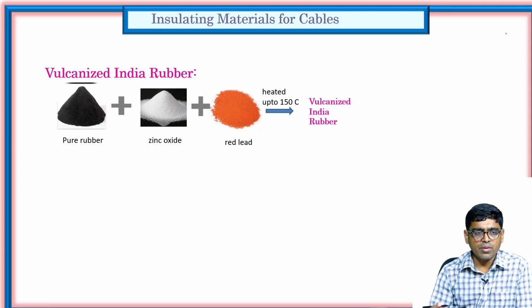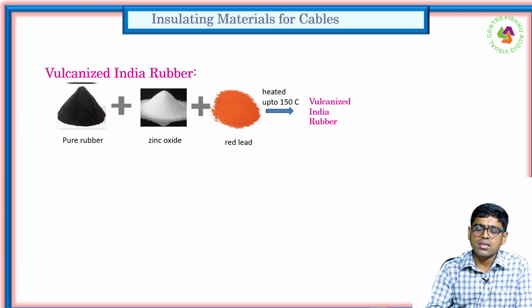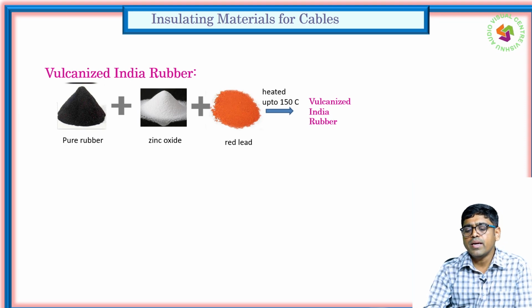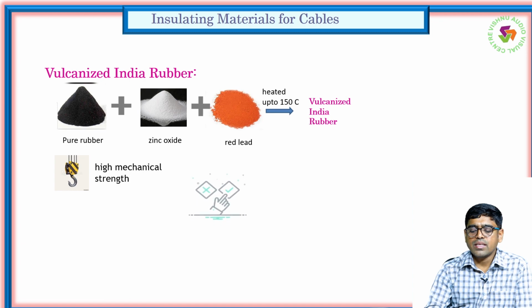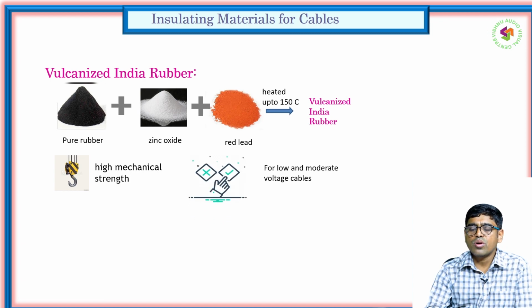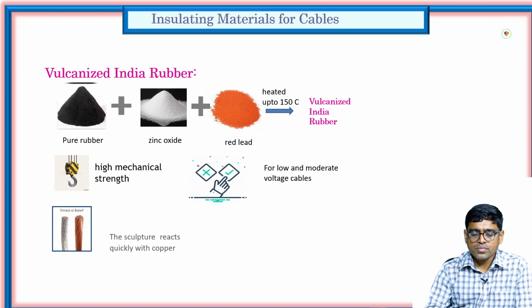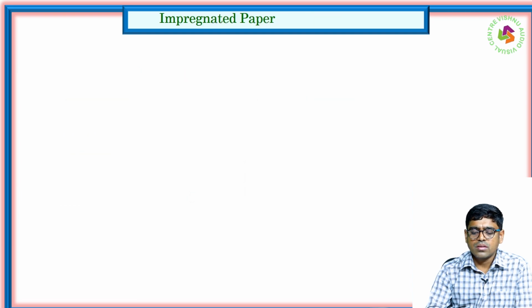So we have pure rubber, then zinc oxide, then red lead; these are like powders, heated up to 150 degrees centigrade, and we make this vulcanized Indian rubber. It has high mechanical strength, and for low and moderate voltage cables we can recommend this vulcanized Indian rubber. We can see that the sulphur reacts quickly with the copper.